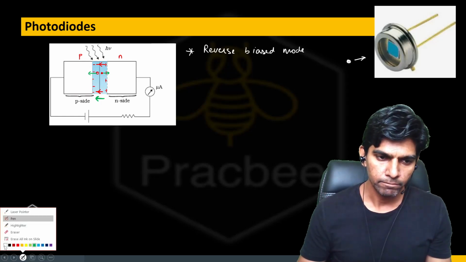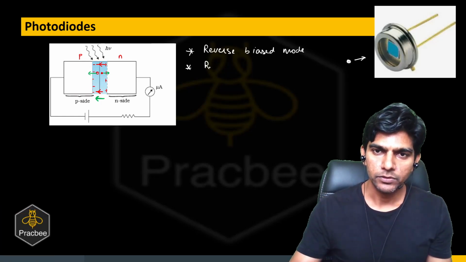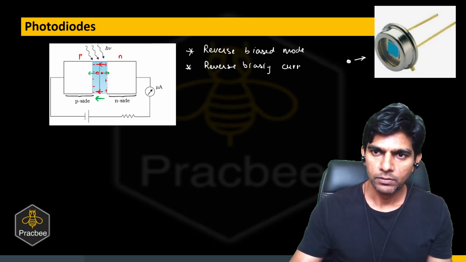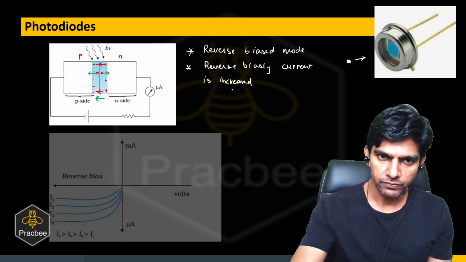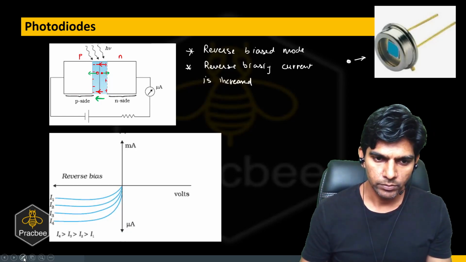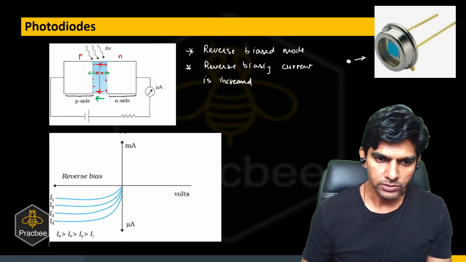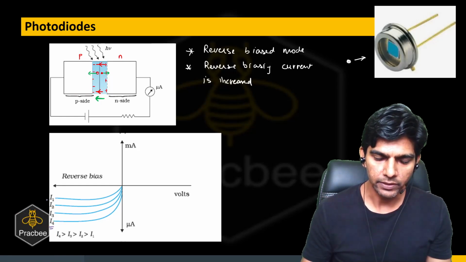So we can say the reverse biasing current is increased. If we plot the graph, let us say we have four intensities of light where I4 is the greatest and I1 is the least.